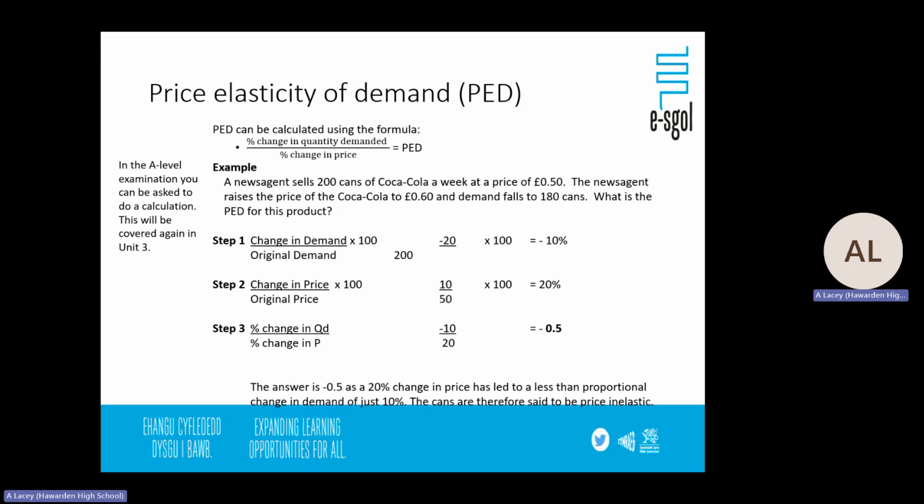Then you take the percentage change in quantity demanded and divide that by the percentage change in price, and that gives you a PED of minus 0.5. So the answer is minus 0.5, as a 20% change in price has led to a less than proportional change in demand of just 10%. The cans are therefore said to be price inelastic in this particular scenario.